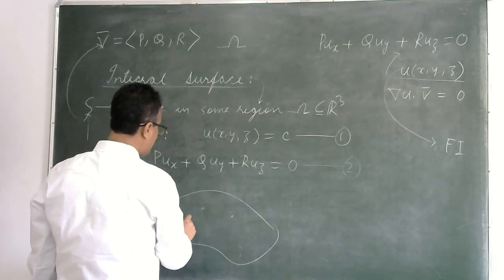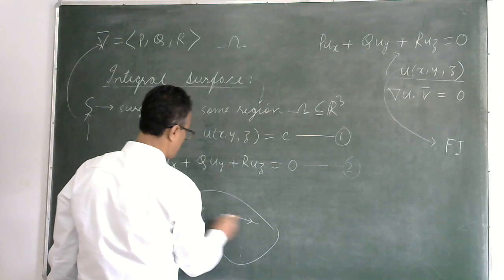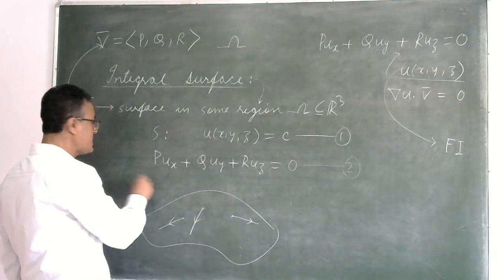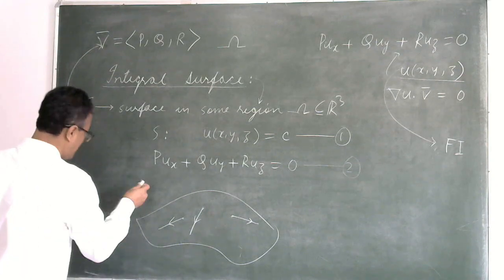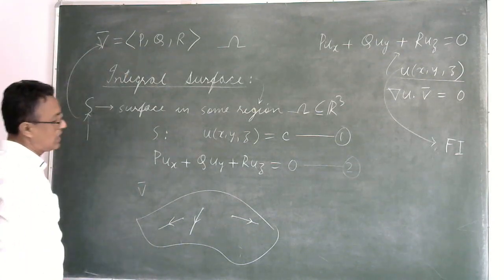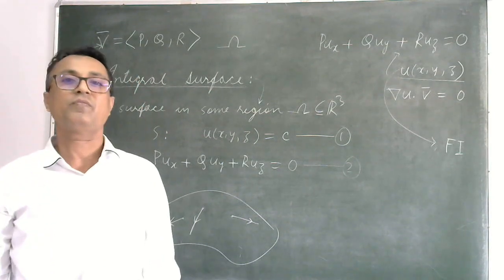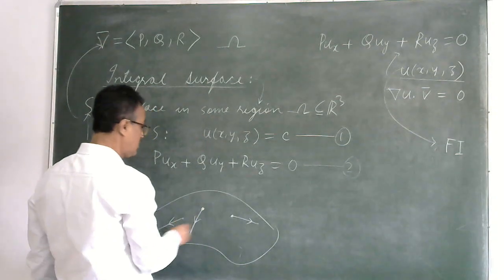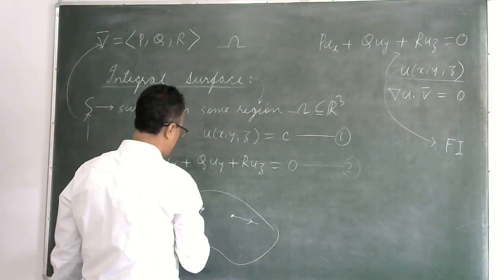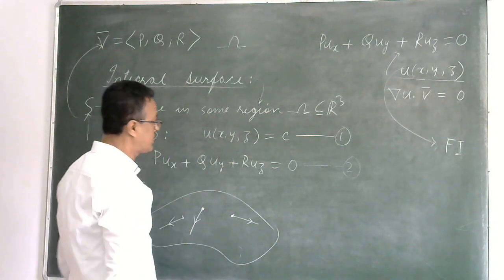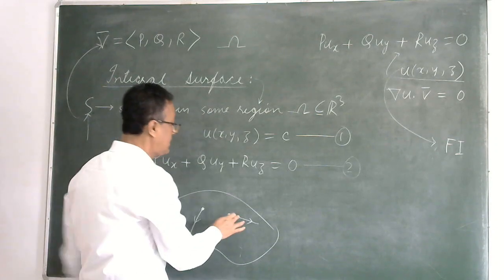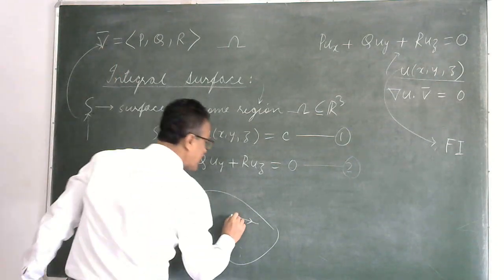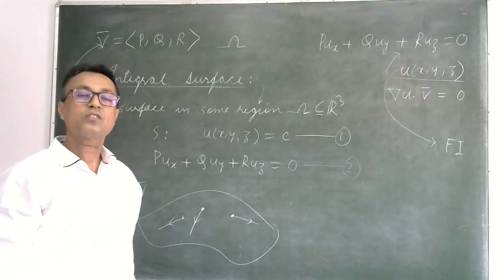At each point, if V is given by PQR, where PQR themselves are functions of X, Y, and Z, and you consider the vector defined by this formula at a particular point, then that vector is going to be tangent to that surface.